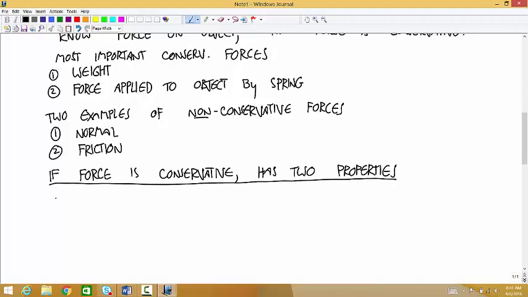The first one is that it can be represented as a force field.